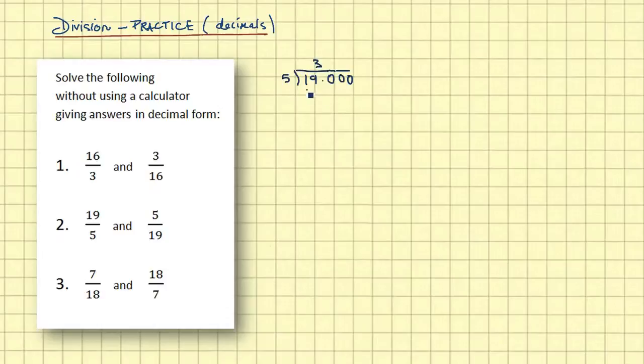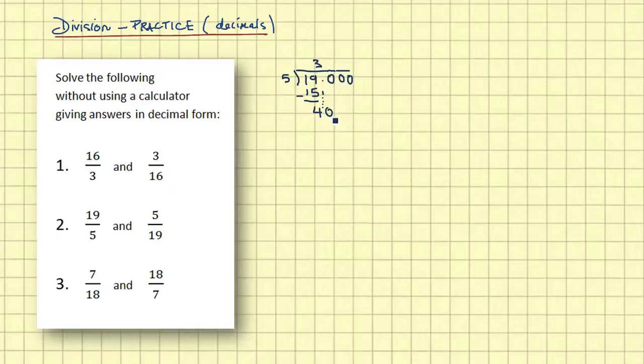3 times 5 gives us 15. And if we subtract this, then 19 subtract 15 gives us 4, and we bring down our 0. So we're dividing into 4, but in fact, let's just put our dotted lines here so you can see what's going on. In fact, what we've got is, we're going to think of it as 40. In other words, it's 40 tenths.